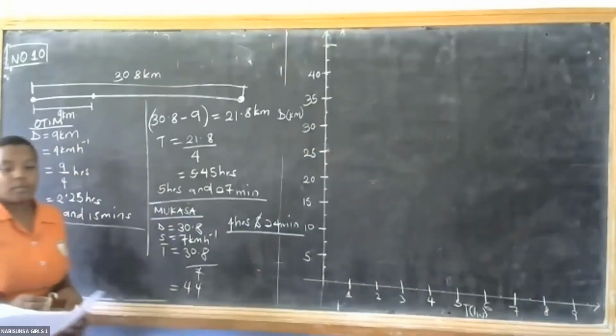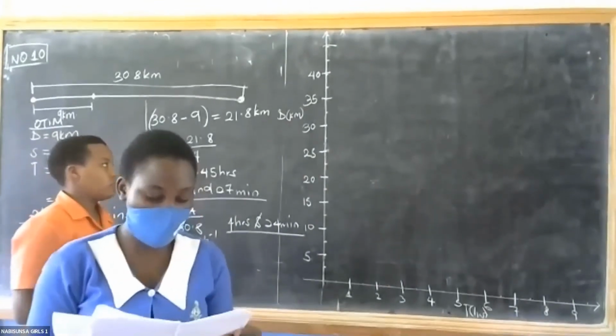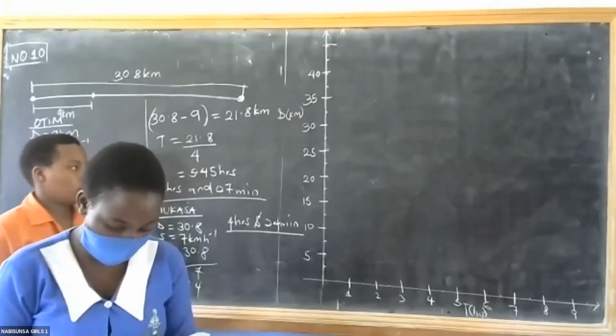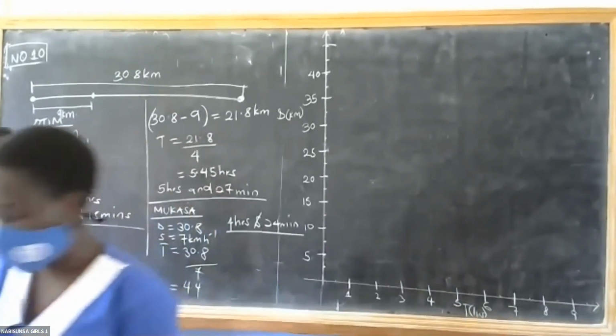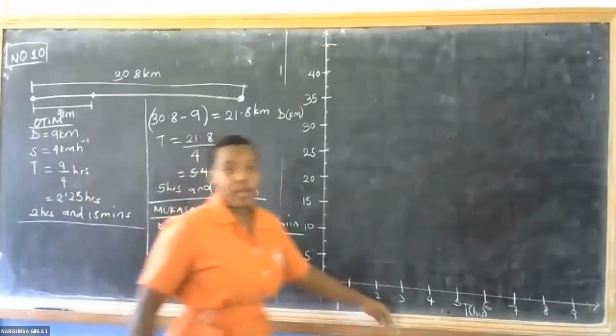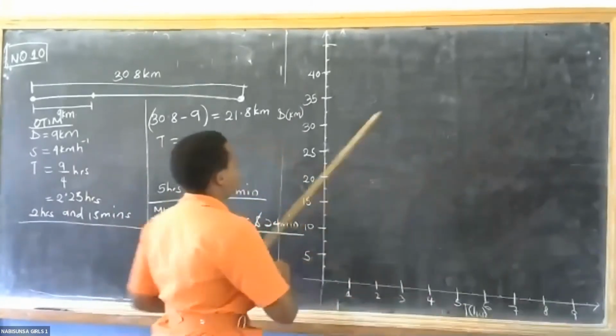So they have said, represent Otim's and Mukasa's journeys on the same distance-time graph. Hence find the time and distance at which Mukasa overtook Otim. So we are going to go to our distance-time graph. We're going to use this.